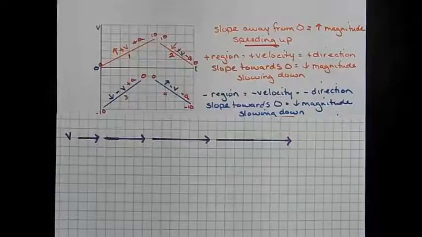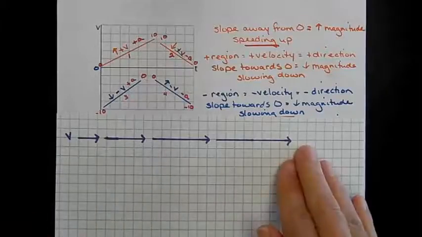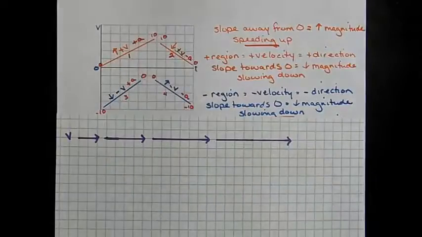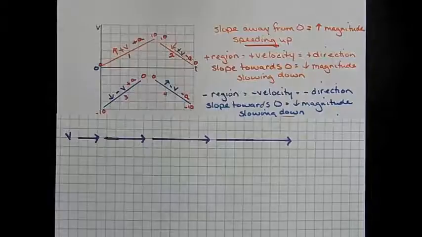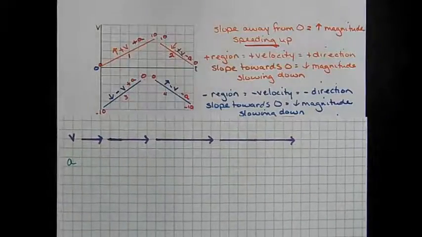Now the difference in length of the velocity vectors is the change in velocity. So we have had a change in velocity in this positive direction because our magnitude has increased and we are going in the positive direction. And we have also defined the change in velocity as acceleration. So since acceleration is also a vector, we could represent that with our vectors as well.